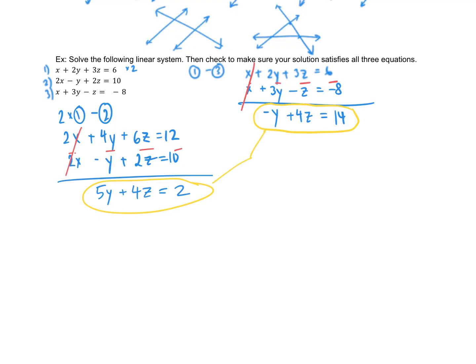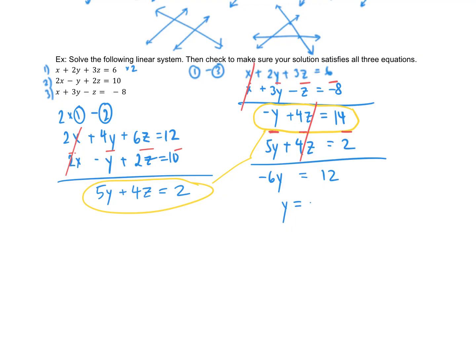Now I can do another substitution or elimination on these two new equations. And I noticed that my z's are already matching, so I'm just going to place that second one right underneath, and I'm going to subtract. Negative 1 minus 5, I have negative 6y's. The z's bye-bye. And 14 minus 2 is 12.